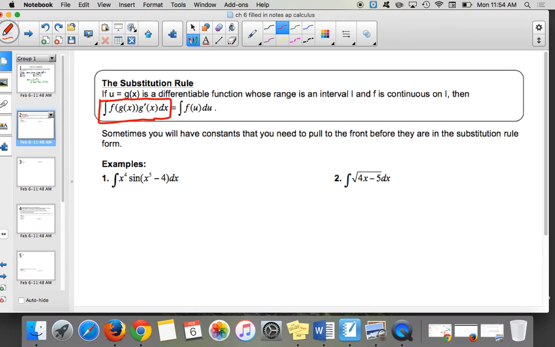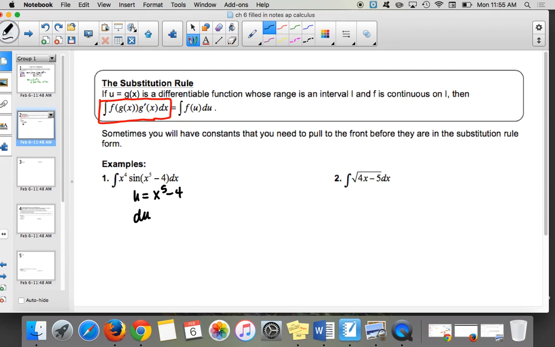Okay, so let's recognize, what is my inside function on number 1? What would I normally need the chain rule on? X to the 5th minus 4. Do you have its derivative somewhere? Kinda, right? You don't quite have it. You don't have 5x to the fourth, but do you have x to the fourth? Yeah, so let's let our u be x to the fifth minus 4.